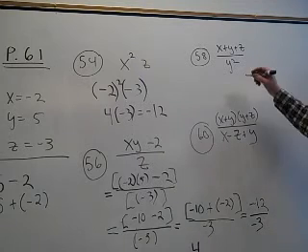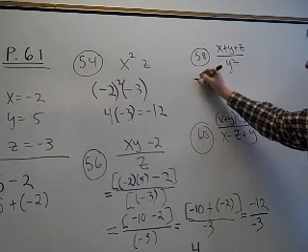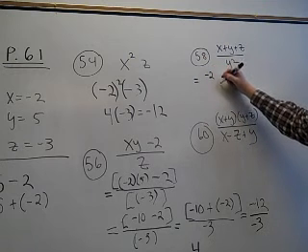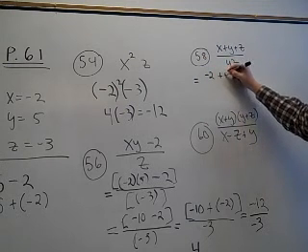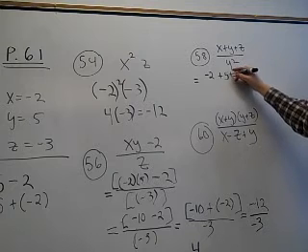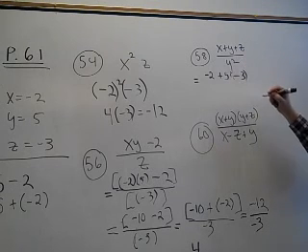Number 58. Let's make the substitutions. So I've got -2 for x, plus 5 for y, minus 3 or plus -3 for z.